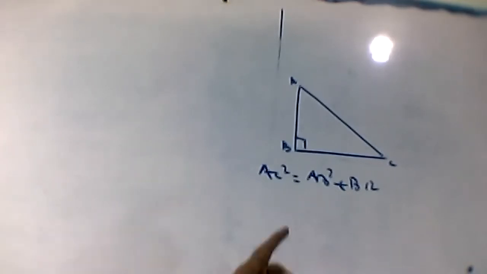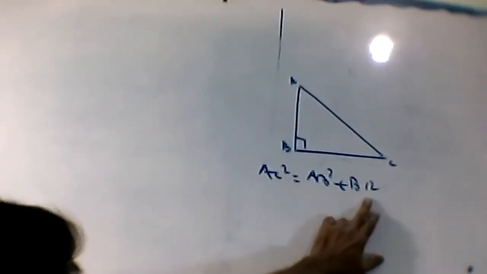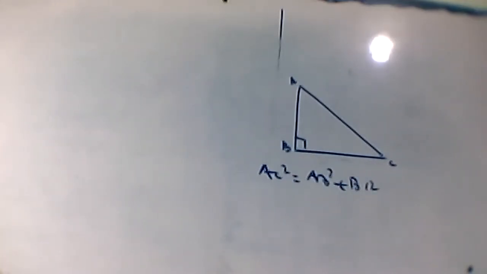That means here, if AC square equal to AB square plus BC square, then angle B is 90 degrees. Listen, the original theorem is: angle B 90, then AB square plus BC square equal to AC square. The converse is: if AC square equal to AB square plus BC square, then angle B is 90 degrees. Draw that one.